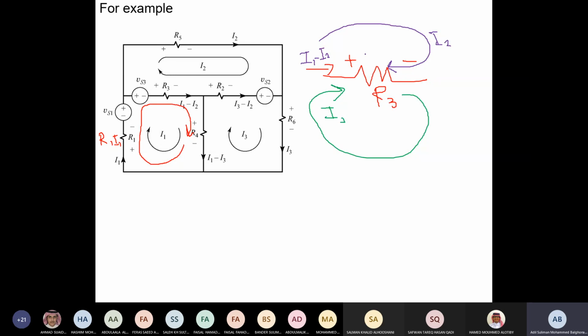That means the voltage here is going to equal R3 times I1 minus I2. Okay, and that's basically what will happen.